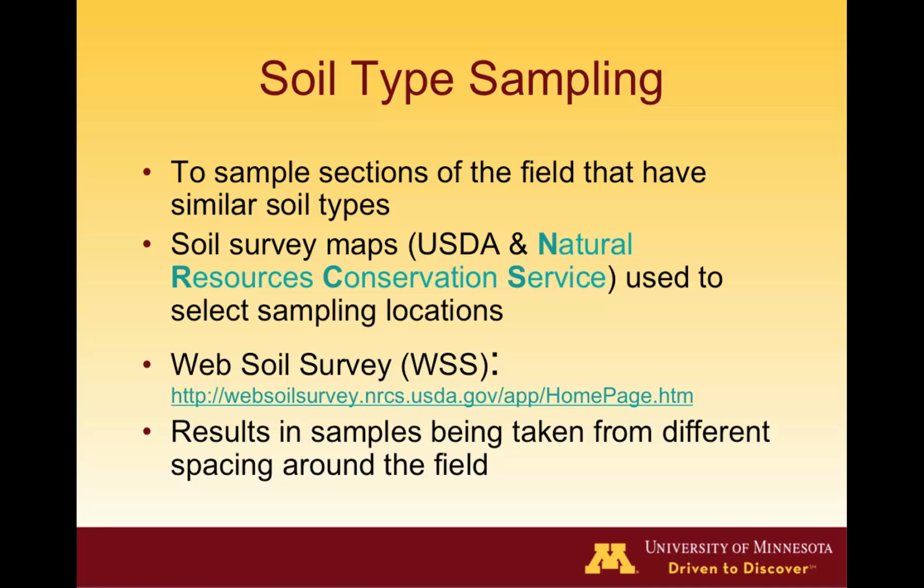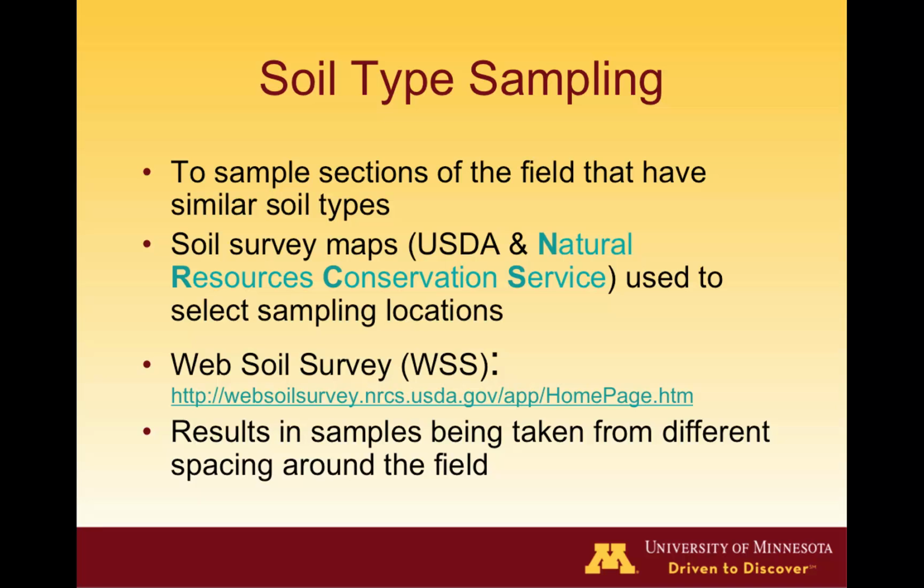Soil type sampling is to sample sections of the field that have similar soil types. Usually you can get this kind of information from soil survey maps by USDA and NRCS, which is the Natural Resources Conservation Service. These can be the reference for you to select the sampling locations.